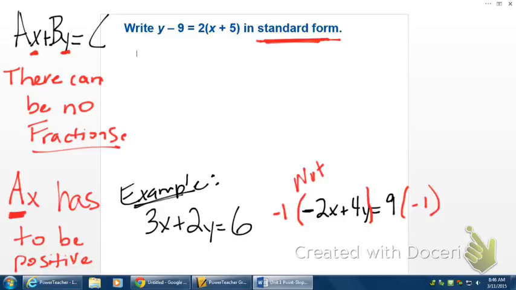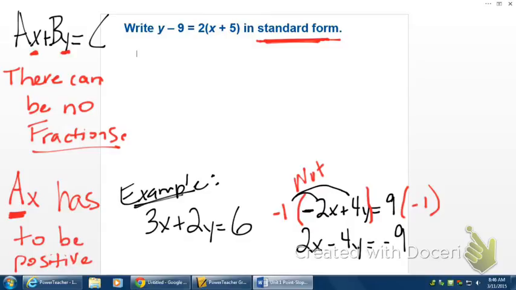Okay? Now, what's going to happen to all my signs? They're essentially just going to flip. Because when you multiply -1 times everything, that's going to be a positive 2x, a minus 4y, and a minus 9.